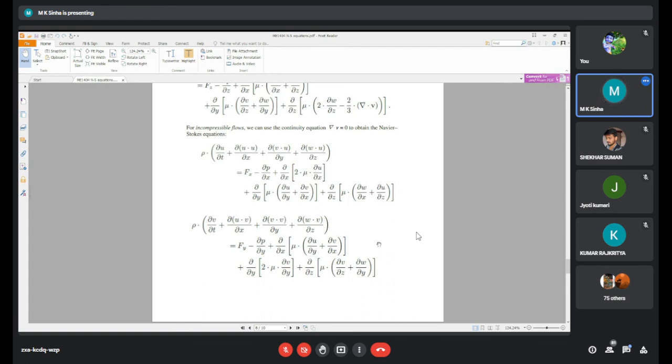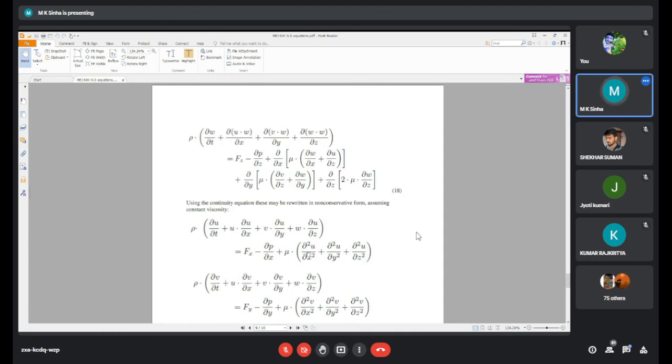So there are six terms or five terms, but one term is two times, and ultimately this should become simply del 2u by del x square plus del 2u by del y square plus del 2u by del z square. This did not simply come.